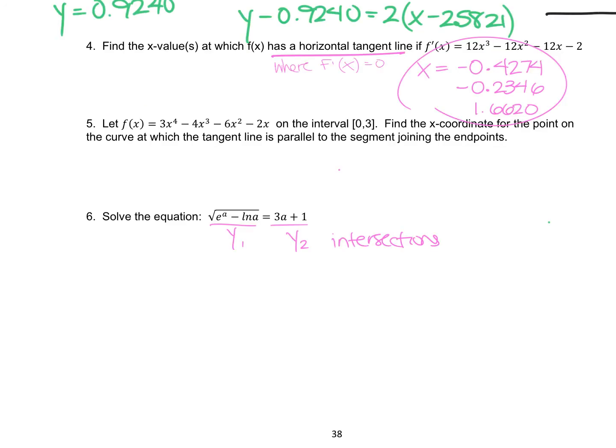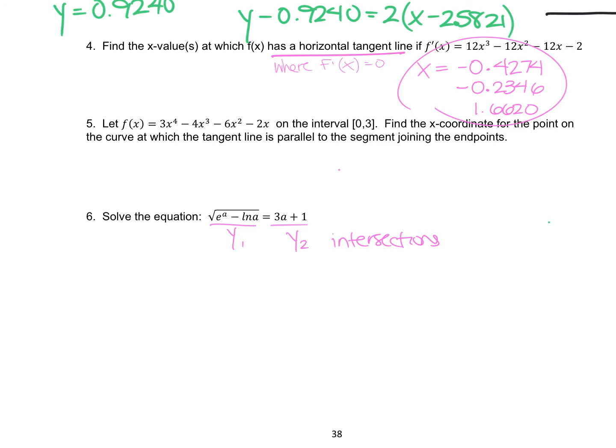Good. Okay, so in question 5, we have f of x is equal to that thing on the interval 0 to 3. Find the x-coordinate for the point on the curve at which the tangent line is parallel to the segment joining the endpoints. Tangent line means what are we going to have to find?